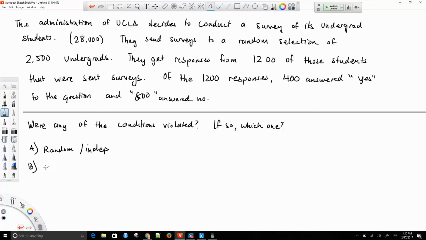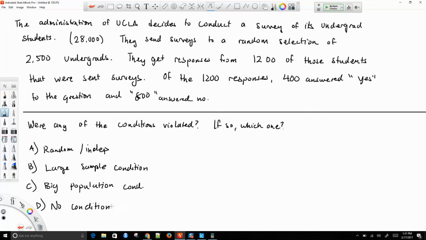B will be the large sample condition. C is the big population condition. And D will be no conditions violated. Okay, go ahead and talk to your neighbors, see what you think. All right, and then I'll start the clicker running here.